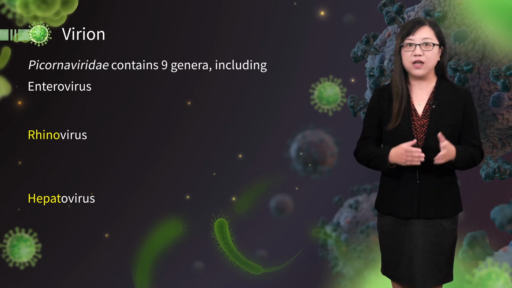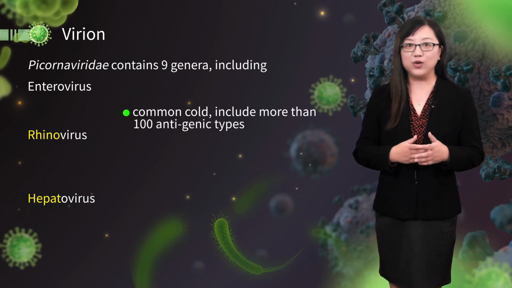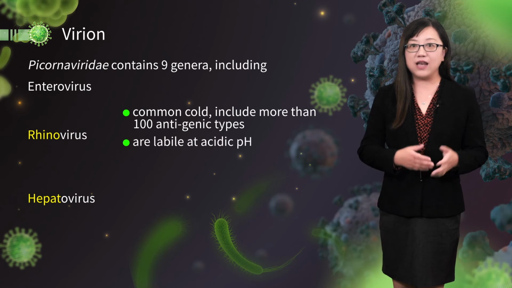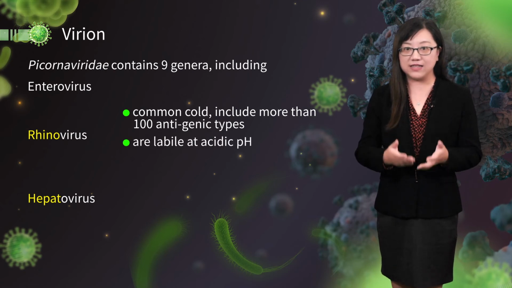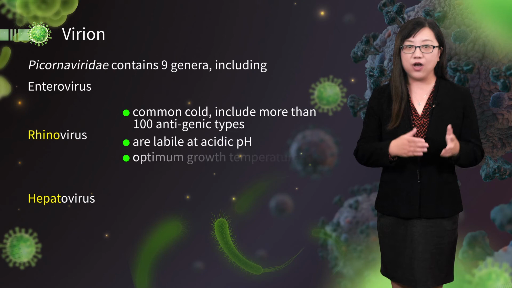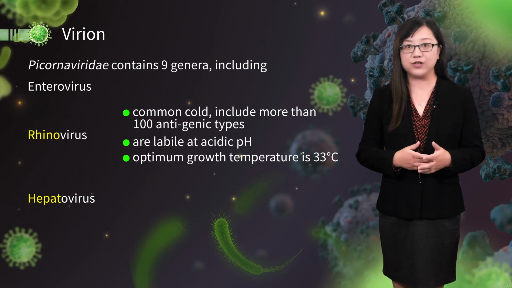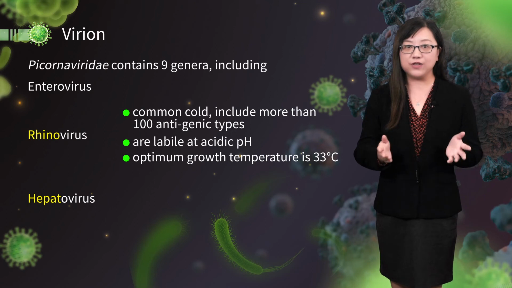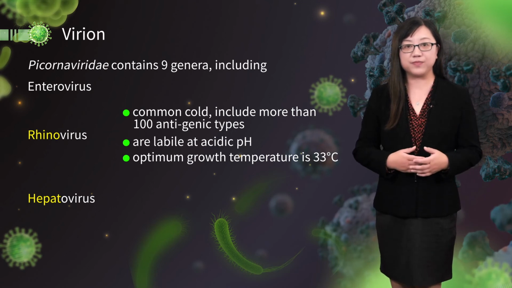Rhinoviruses can cause the common cold, including more than 100 antigenic types. They are labile at acidic pH, and the optimum growth temperature is 33 Celsius, which are different from enteroviruses.